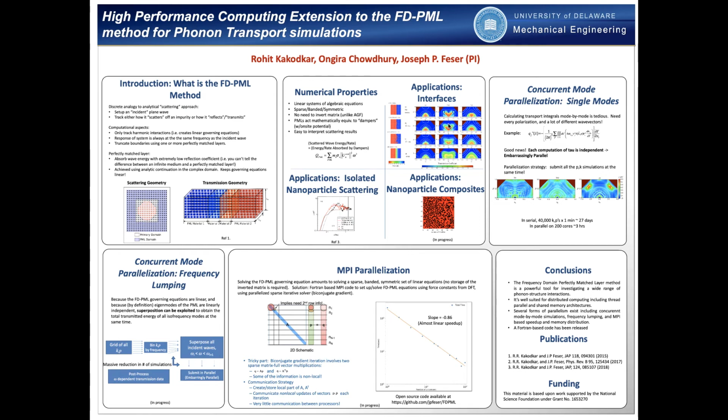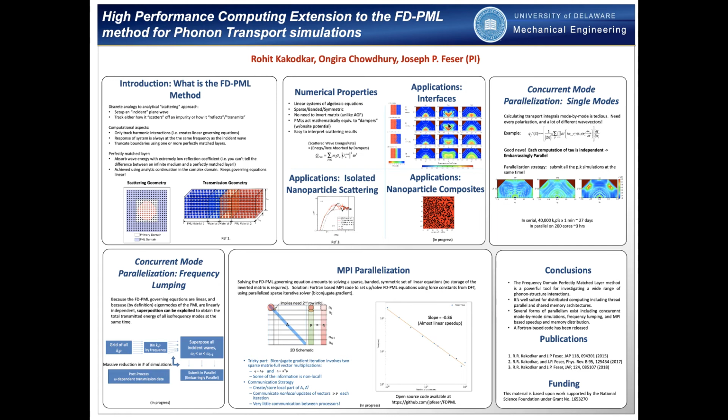To go a step further, and this is really the cooler new thing that we've got, is that the frequency domain perfectly matched layer method mostly comes down to solving a sparse banded symmetric set of linear equations. And that's actually perfectly suited for iterative sparse solvers.